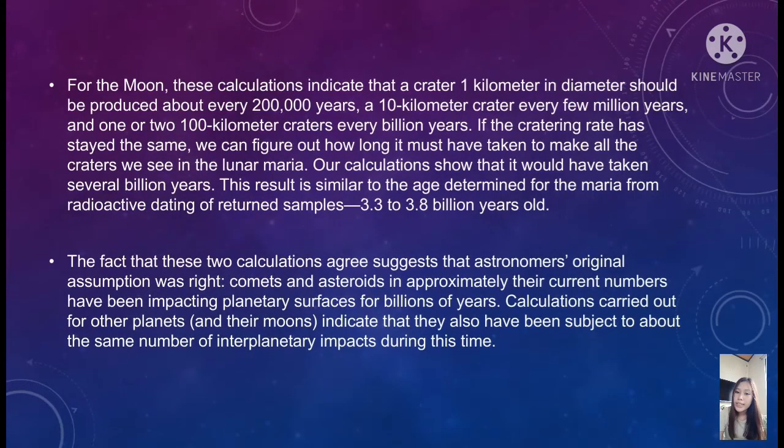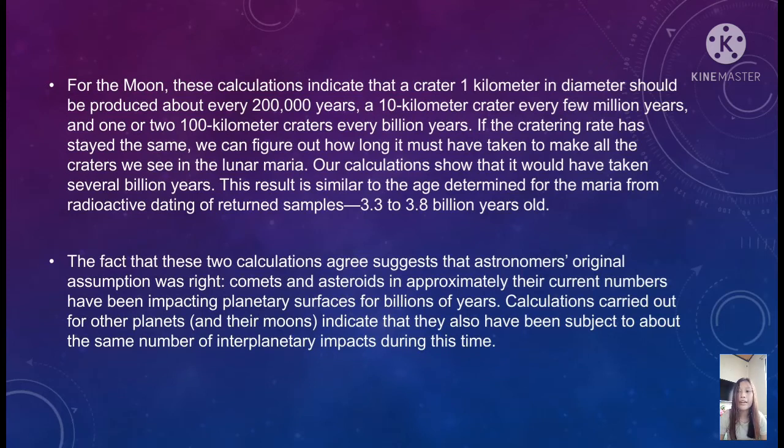For the Moon, these calculations indicate that a crater 1 kilometer in diameter should be produced about every 200,000 years, a 10 kilometer crater every few million years, and 1 or 2 100 kilometer craters every billion years.